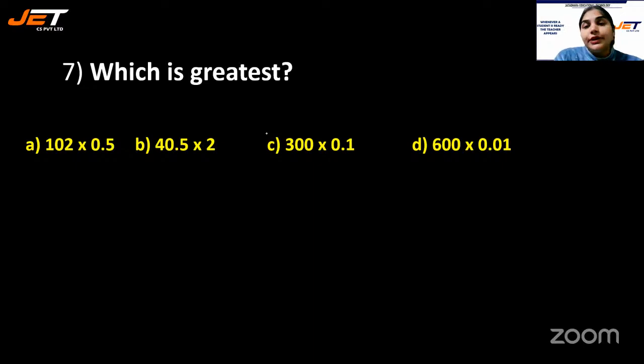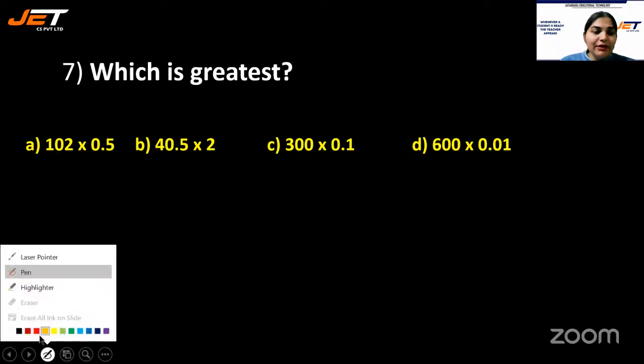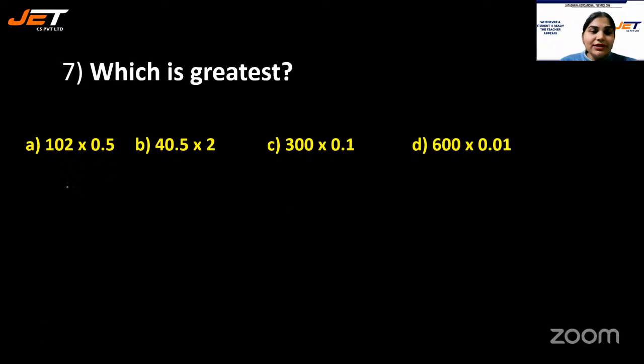Check all of it. Okay, so this is half. If you are doing by 0.5, it's half. So it's 51. Now it's times 2, right? It's times 2.